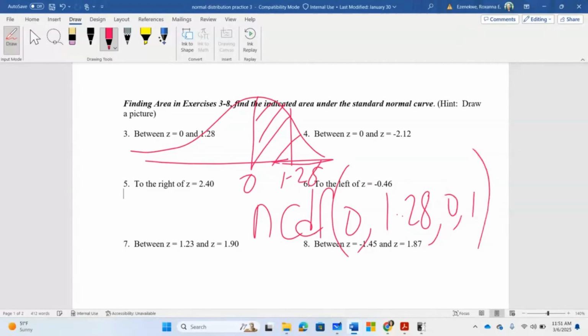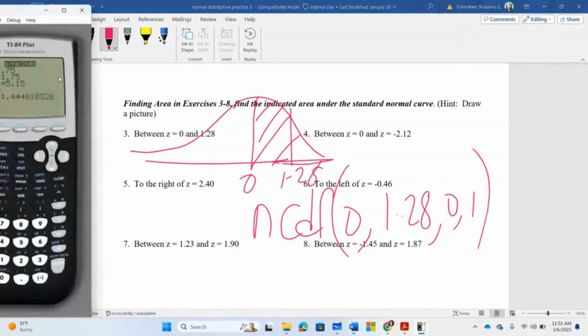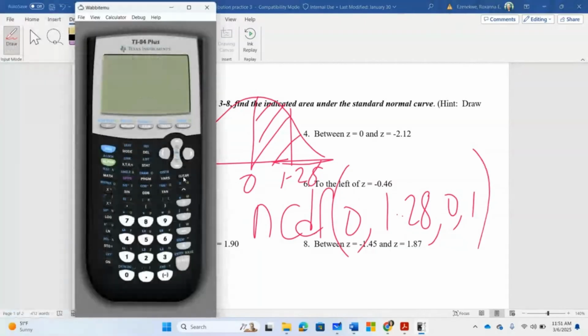Then I pull up my calculator and enter it. Where do I go? Second, distribution. Number 2 is normal CDF. And it's asking me what is the lowest number. The lowest number is 0. The upper number is 1.28, the upper bound. The mean is 0, the standard deviation is 1. So I'm going to calculate.